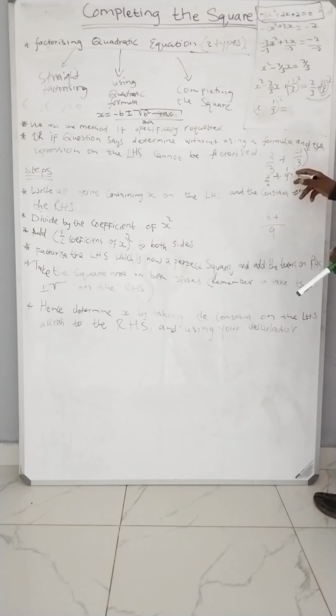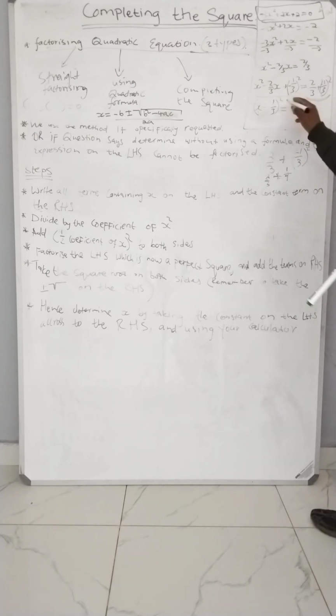Then you have that plus. 9 goes into 9 once. 1 times 1, 1. Then you end up with 7 over 9, like that. So this will be equals to 7 over 9.